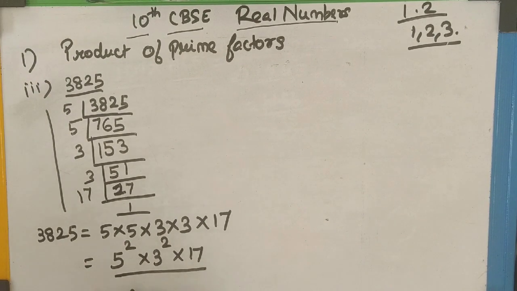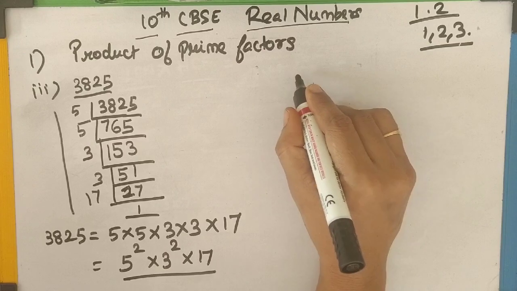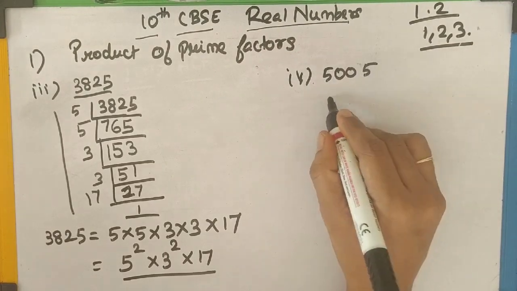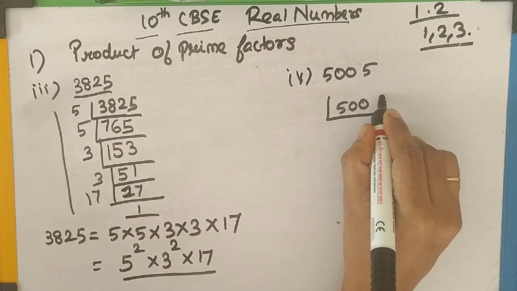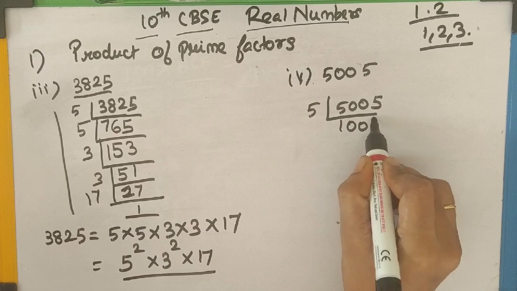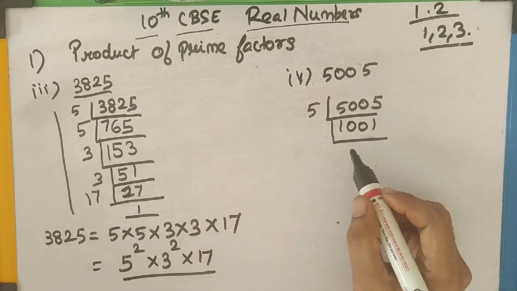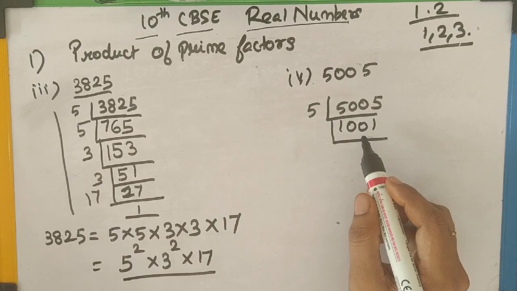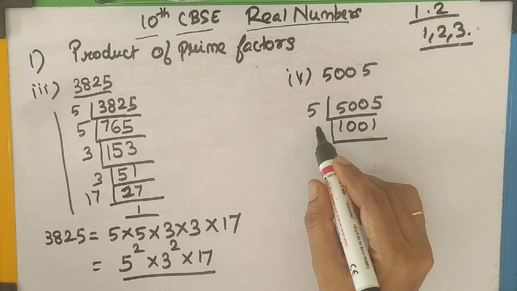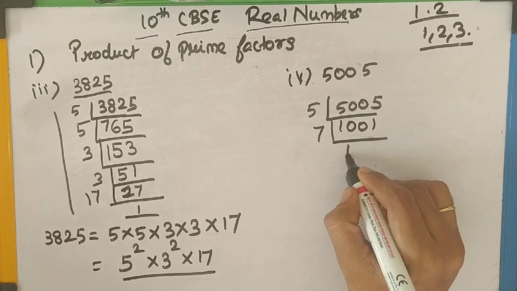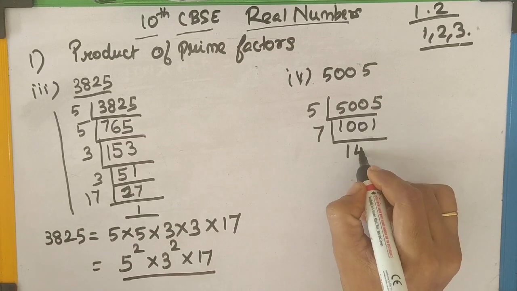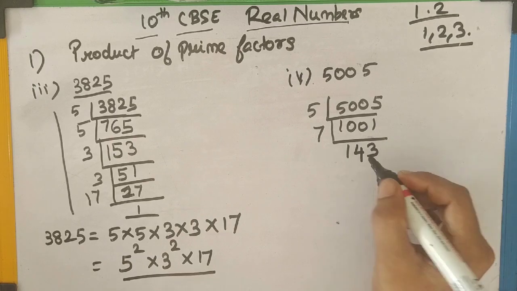Now let's go to the fourth question. That is 5005. Now 5005 is divisible by 5. So that is 1001 as the quotient. Now again it is divisible by 7. This 1001 is divisible by 7. So we get 143.